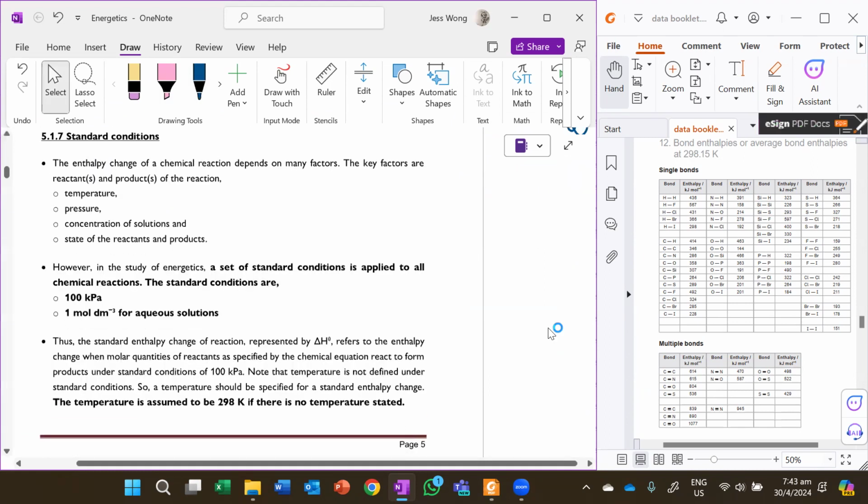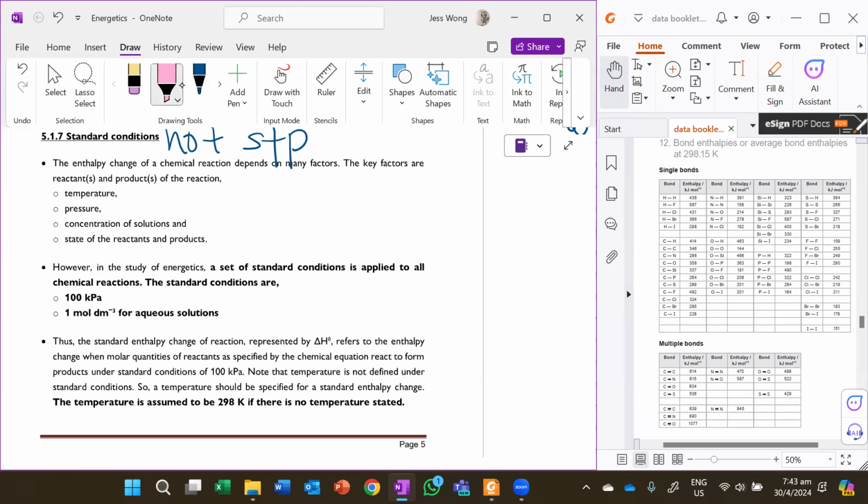Okay, now in these enthalpy change calculations, we often use a standard set of conditions, and this standard set of conditions is not STP. So just a quick recap, this standard set is not STP, but what we are looking at is a pressure of 100 kilopascal and concentration of aqueous solution at 1 mole per dm cube.